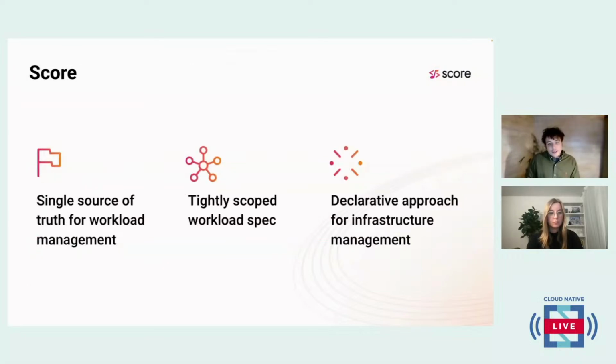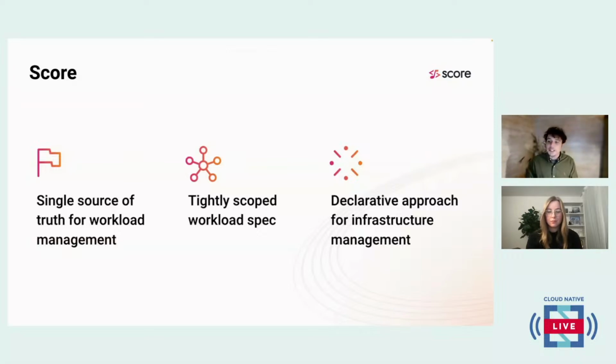So the spec is just this single source of truth across different platforms, across different environments, and really tightly scoped as well. So this is a nod to the comment that was made in the chat, really only exposing the inputs that a developer cares about and needs, hiding those inputs that could create confusion, create extra cognitive load, and create production instances that are unfavorable for our application and our customers.